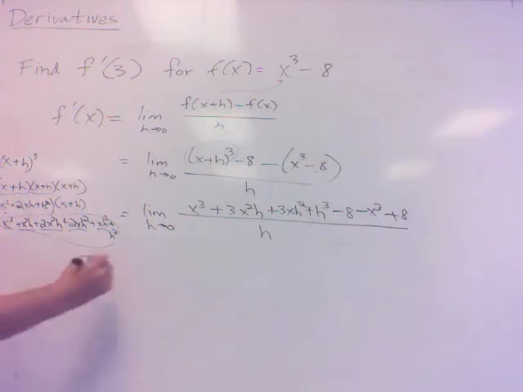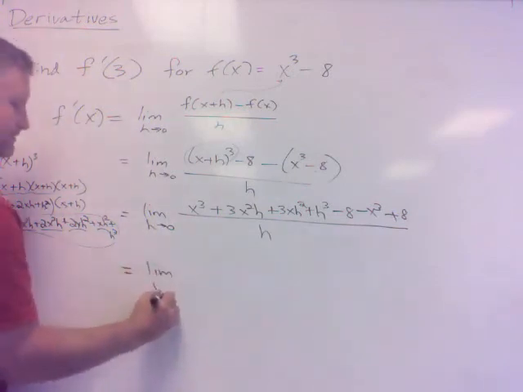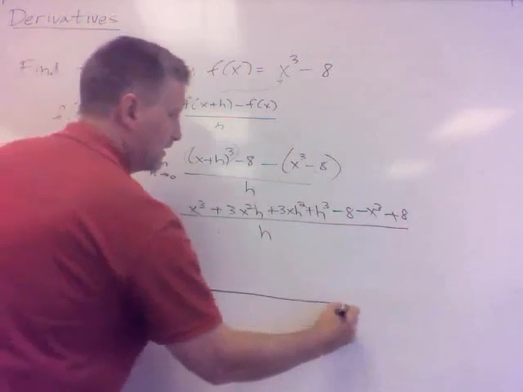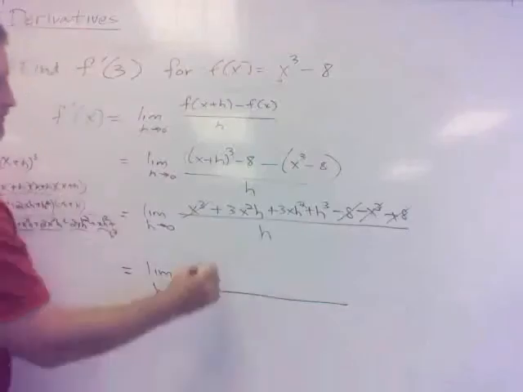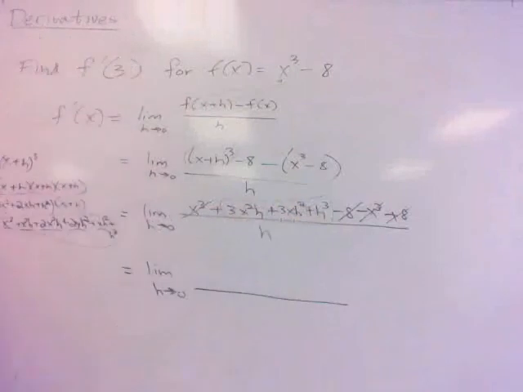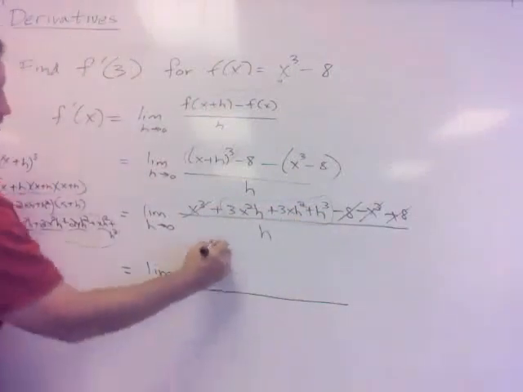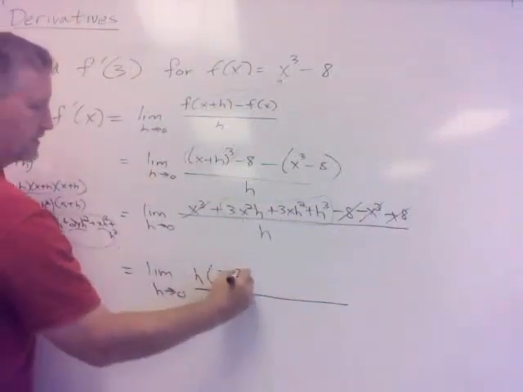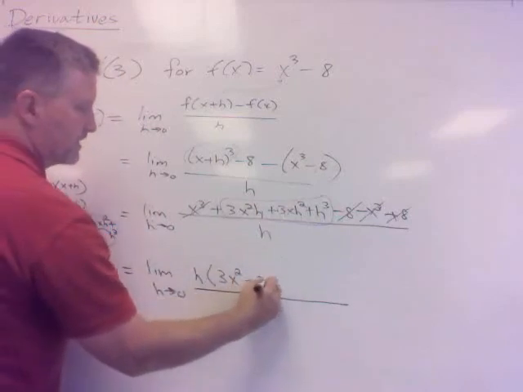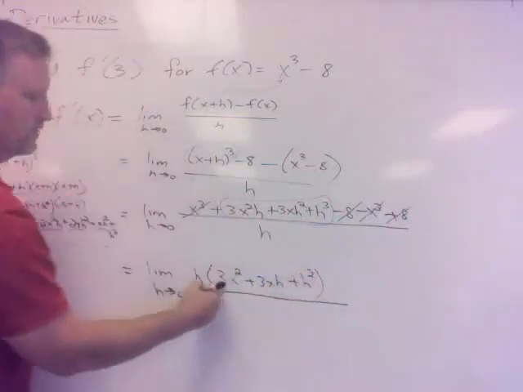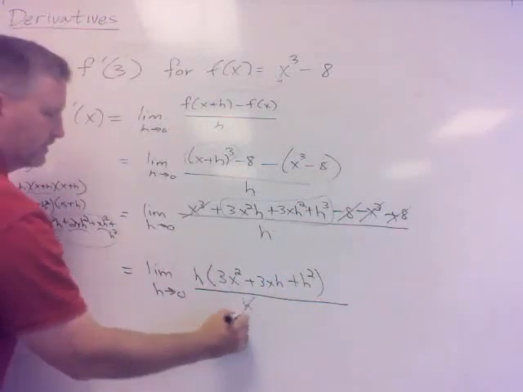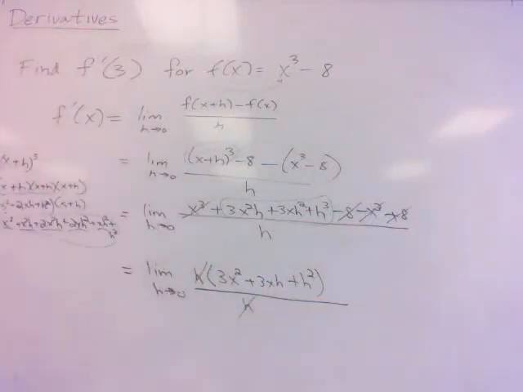All right, so that's the limit as h approaches 0. What goes out? Well, the x cubed goes out, the 8s go out, and that's about it. However, the terms that are left have an h in them, so I'm going to factor off an h. That'll be h times parentheses 3x squared plus 3xh plus h squared. So I'm pulling an h off to cancel with the bottom h. And sure enough, now h can go to 0.